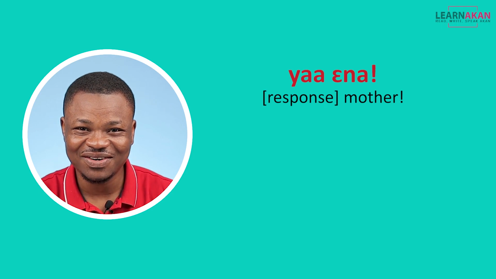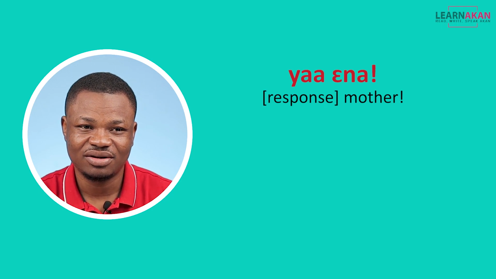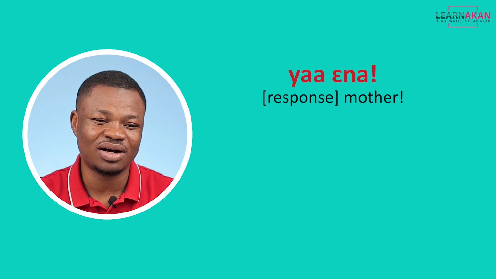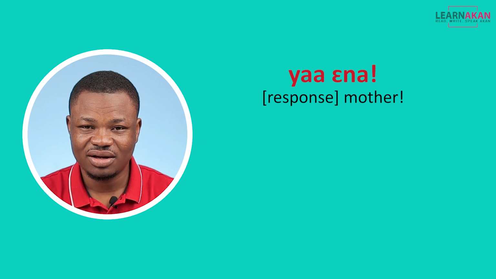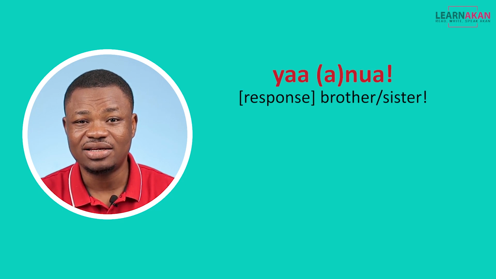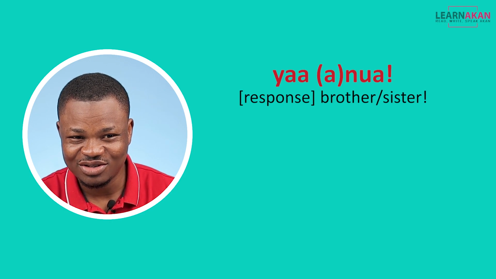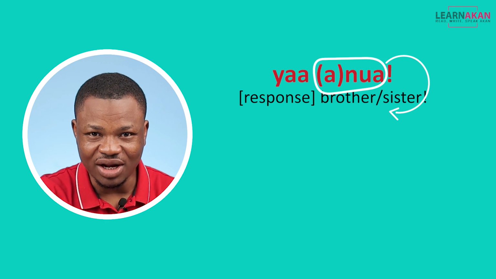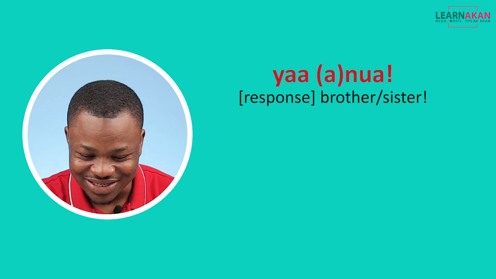Okay, so if you are responding to, say, a friend or a brother, a sister, or someone whom you are in the same age bracket with, then you would say yeah, enua. Okay, yeah, enua. So enua coming from nua, a brother, a sister, a sibling, like we opened this lesson with.